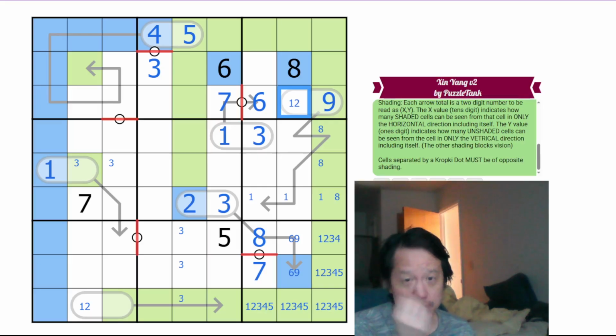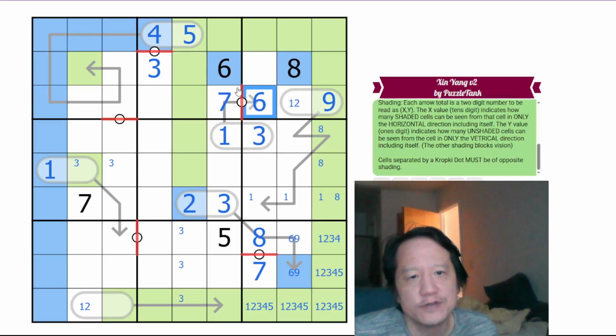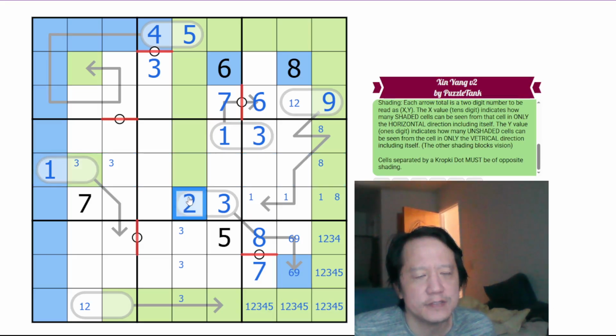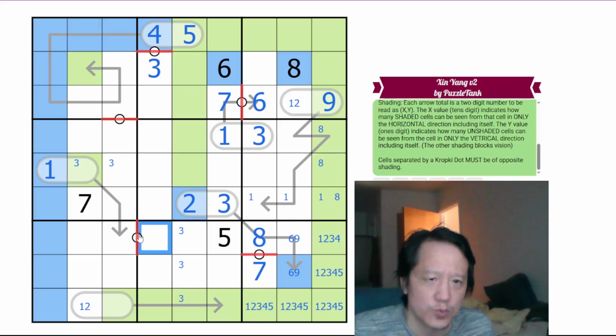What else do we know? These are different shades. Sees 1 in the horizontal direction. This sees 2, including itself. So it's either 2 that way or 2 that way. I'm not sure which.